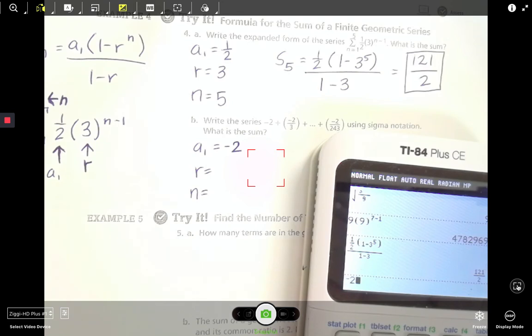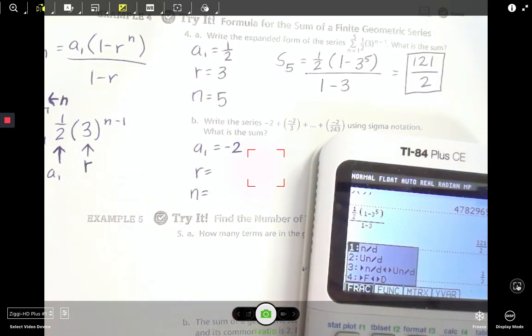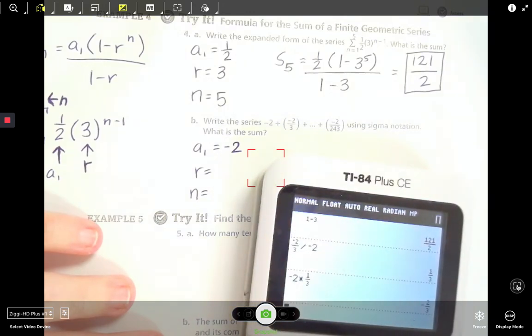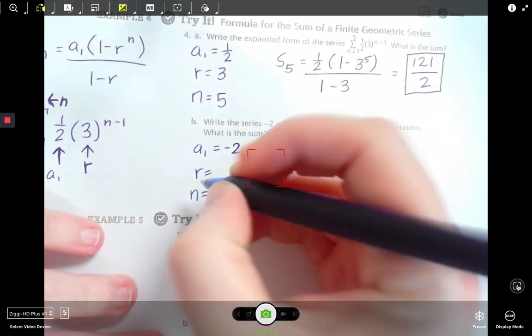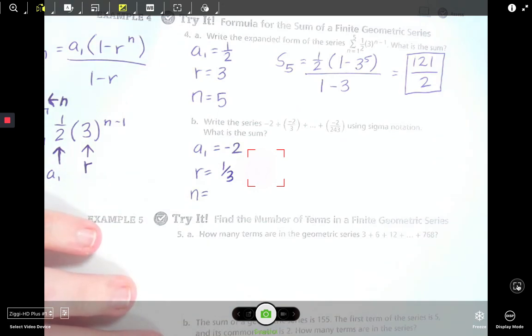Let's see. -2 over 3 divided by -2 is 1/3. So -2 times 1/3 is -2 over 3. So my common ratio is 1/3.